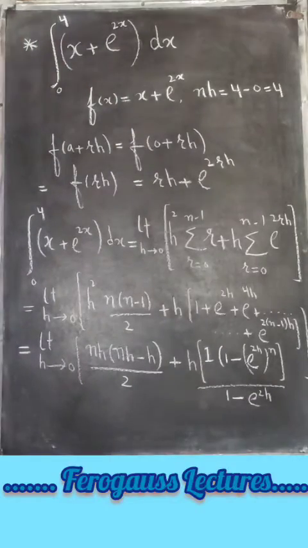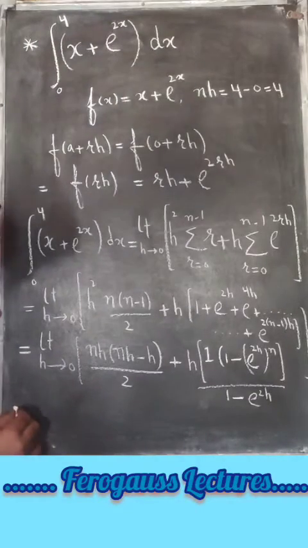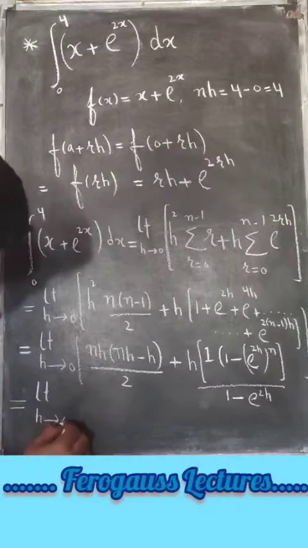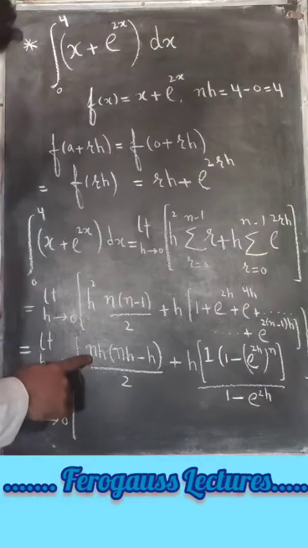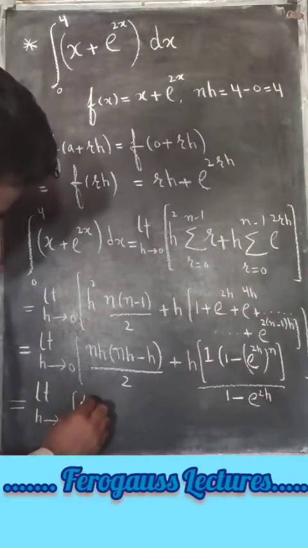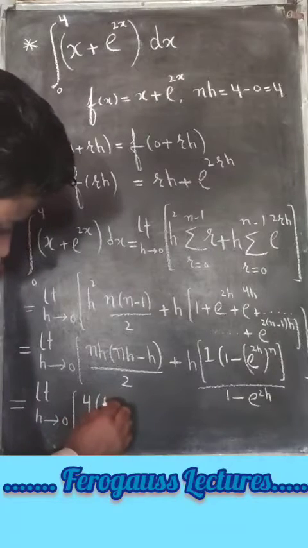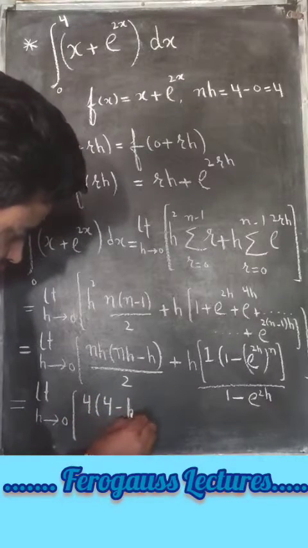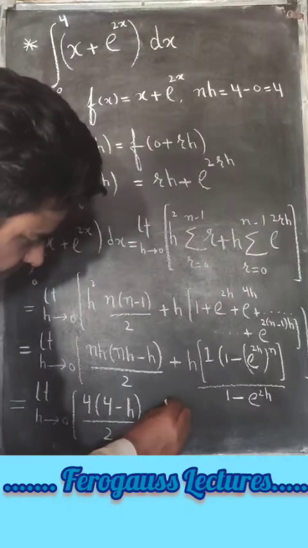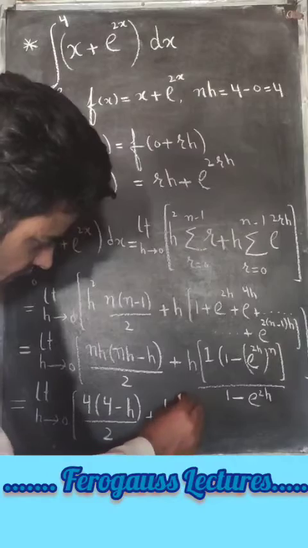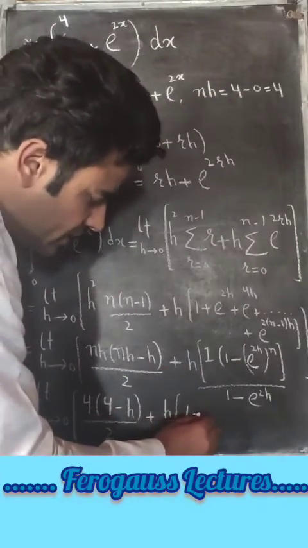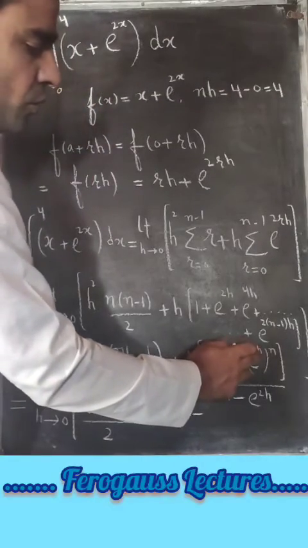So this is further equal to limit h tends to 0. Now we have nh, and instead of nh we can write 4. So we can write 4 minus h, divided by 2, plus h into 1 minus e raised power 2nh.